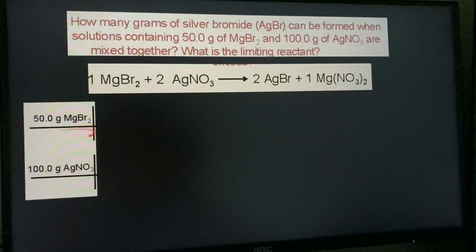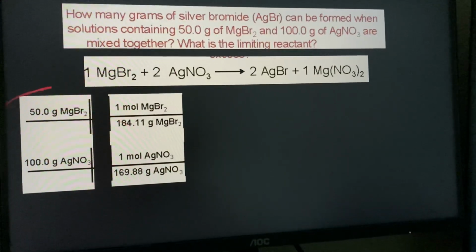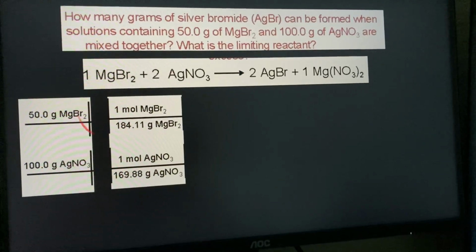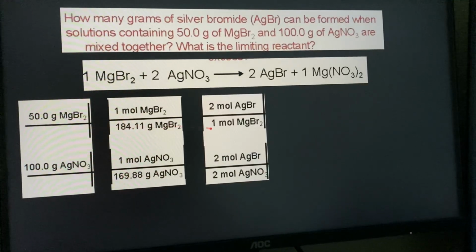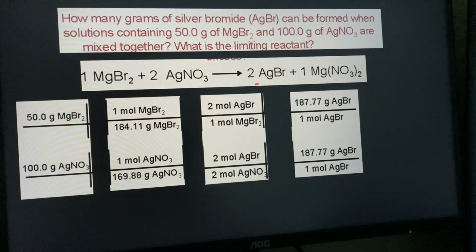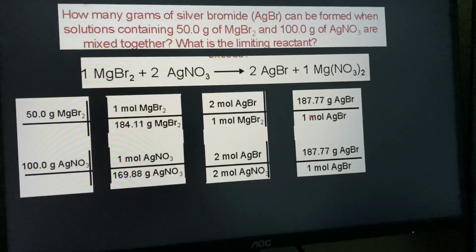Then we use our givens and divide by molar mass to get into moles. These could be given in liters, or represented as particles. All that matters is that you get to moles. Once you have moles, convert into how much AgBr it would make using molar mass.